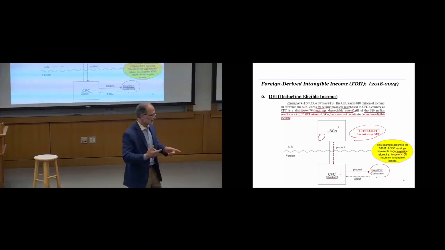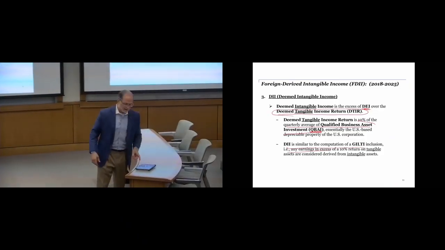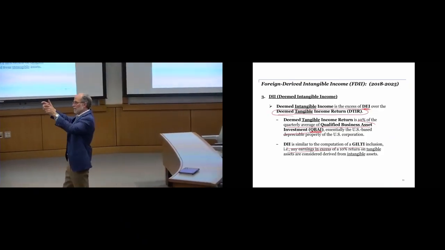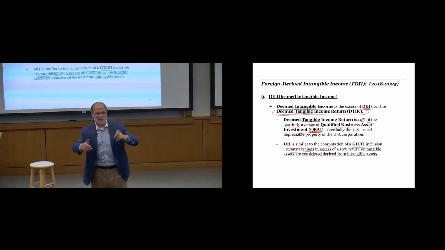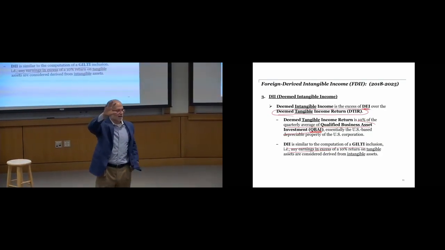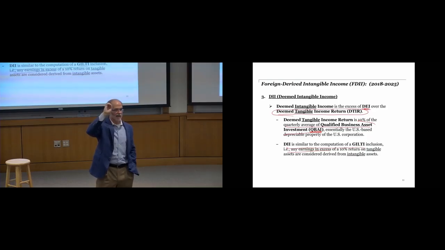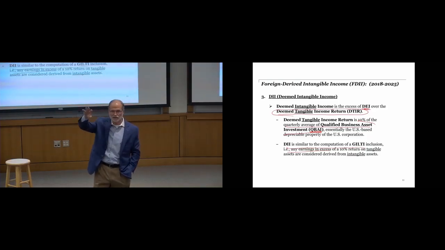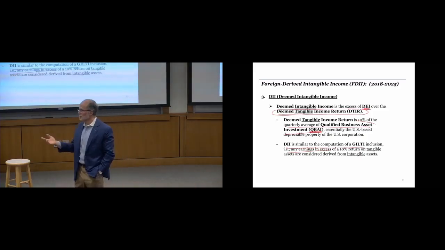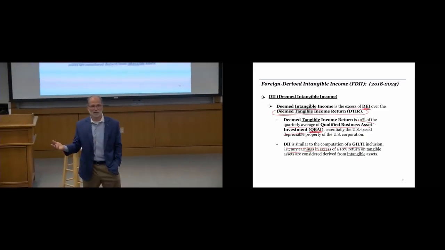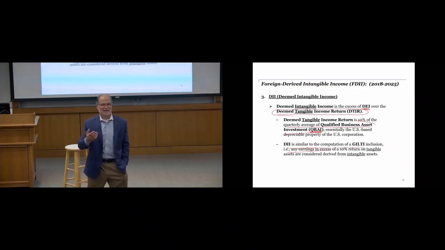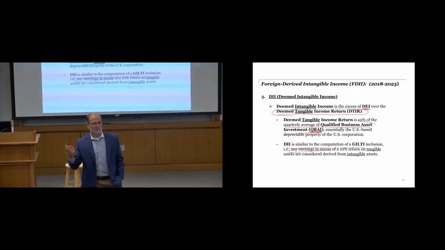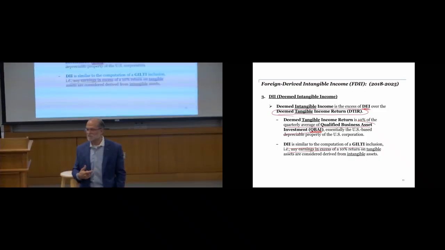Think about what this does. The carrot component of the regime, we're trying to incentivize U.S. activity by giving a lower rate of tax on this type of income stream. Well, I'm reducing the base by your tangible assets, 10% of your tangible assets. What is that oddly incentivizing? Don't put your tangible assets in the United States.